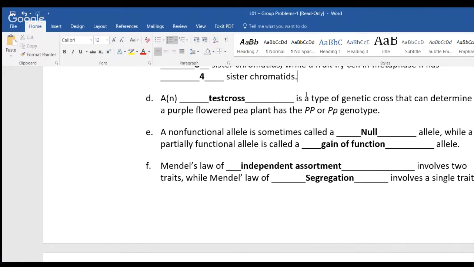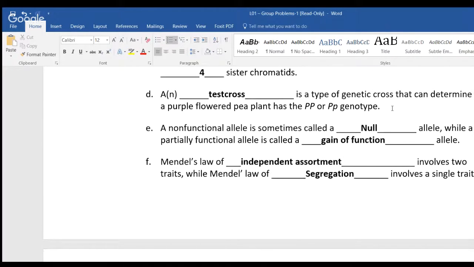And he knows that the resulting offspring will look different depending on what the parent is. And so if you use a test cross, you can determine the genotype of the parent, I'm sorry, not the offspring.